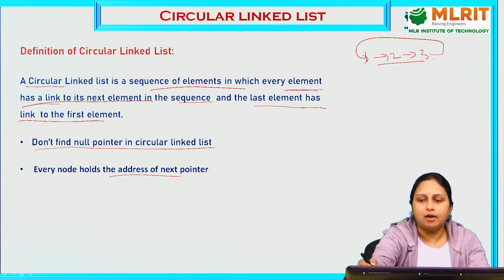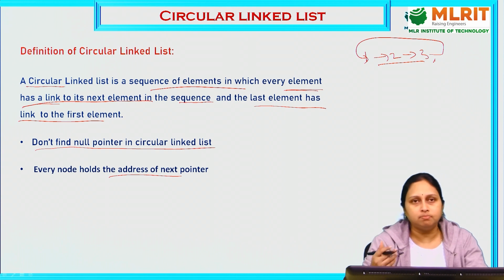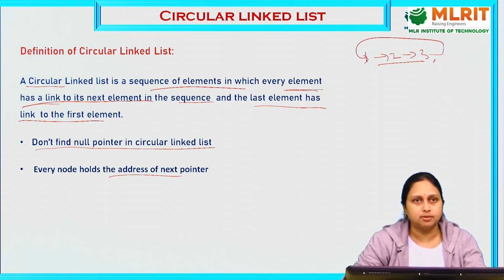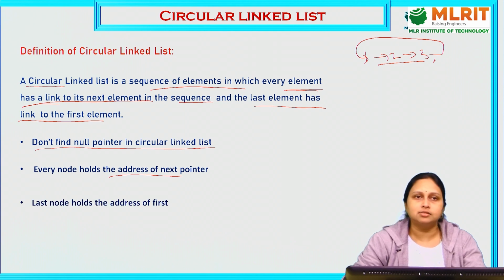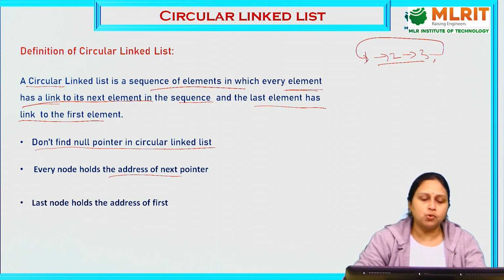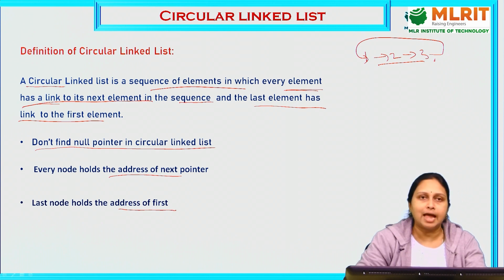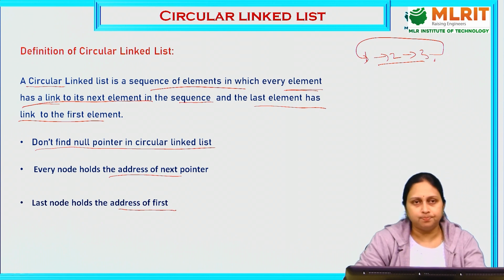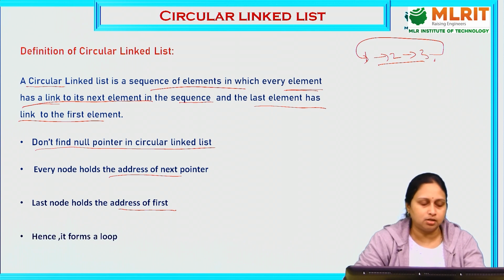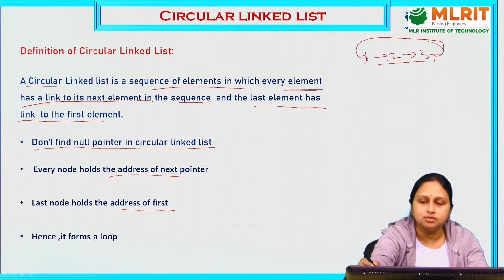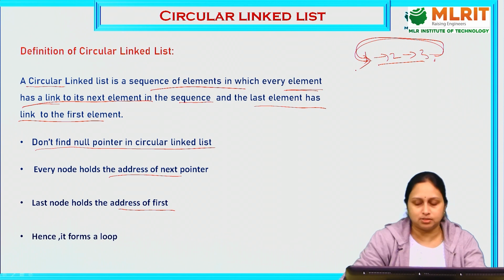Here you don't have any null pointer, and at the same time every node holds the next address. Hence the last node holds the address of the first node. Let us see the diagrammatic representation so that you get some clarity about this circular linked list. Hence it forms a loop. When I represent it like this, it forms a loop representation.